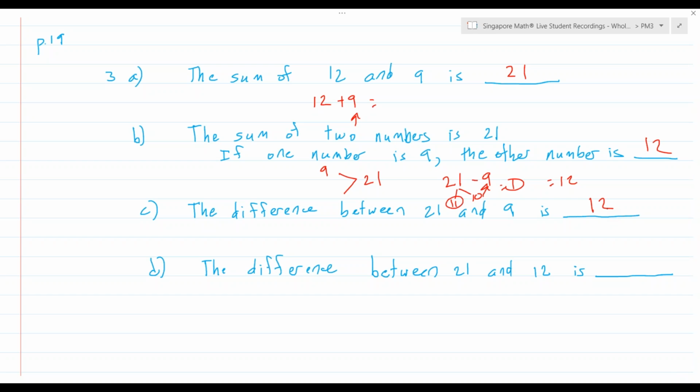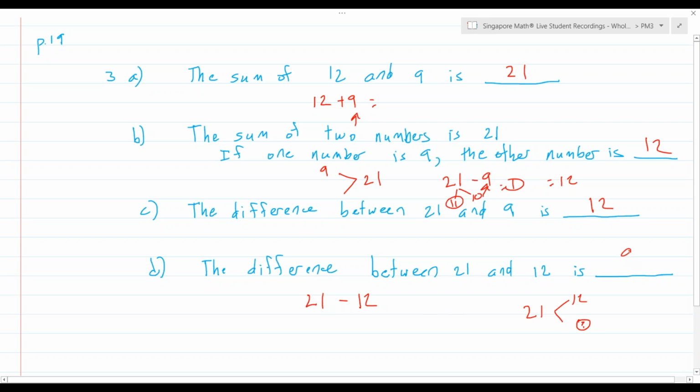The last one says the difference between 21 and 12 is what? 21 minus 12, that's the difference between them. But you can also think, of course, that you're given a whole and you're trying to find one part given the other part.